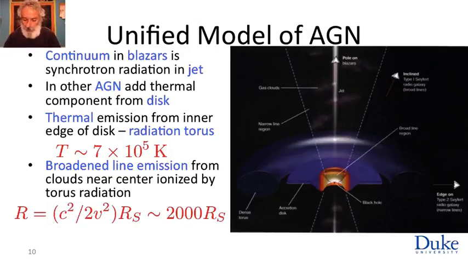And then outside the radiation torus and this inner cloud of gas clouds, inner orbits of gas clouds that are emitting the broadened line emission, we have the rest of the accretion disk, and it is surrounded by a dense torus of cooler, maybe 10,000 Kelvin, opaque gas.